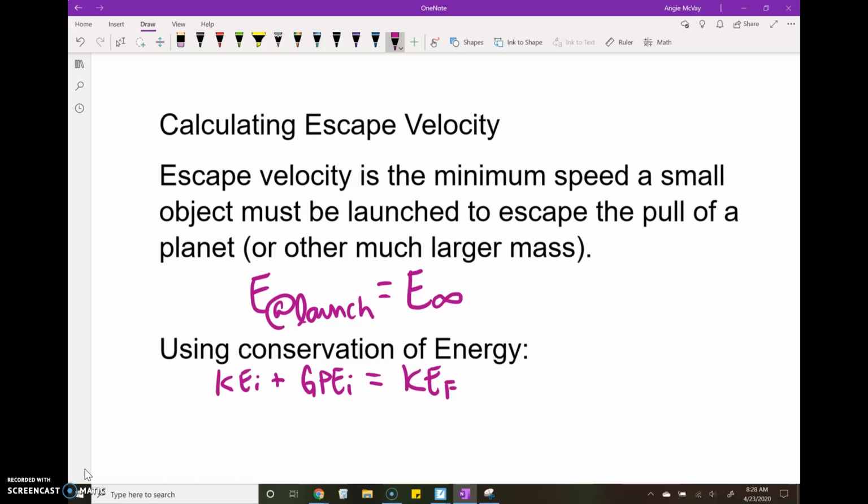Okay, so kinetic plus gravitational potential energy at launch equals the kinetic energy of that object infinitely far away. The kinetic energy is 1/2 m v, and I'm going to label that as the escape velocity, v sub esc, squared.